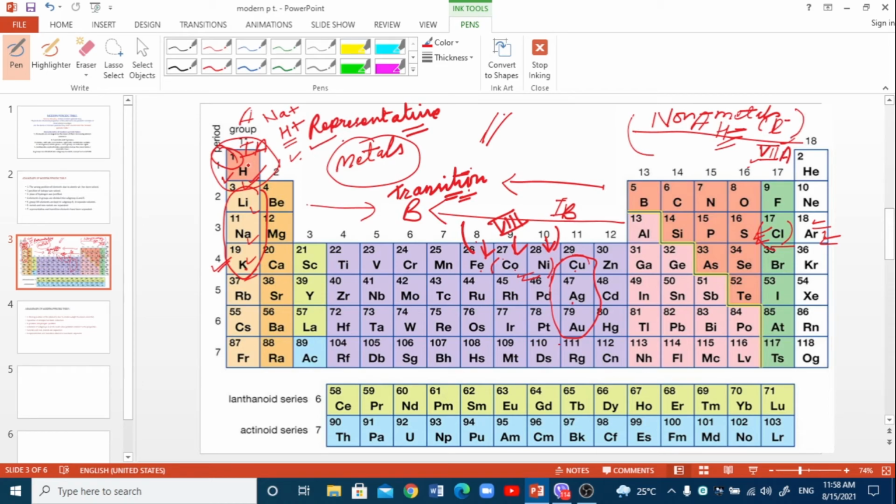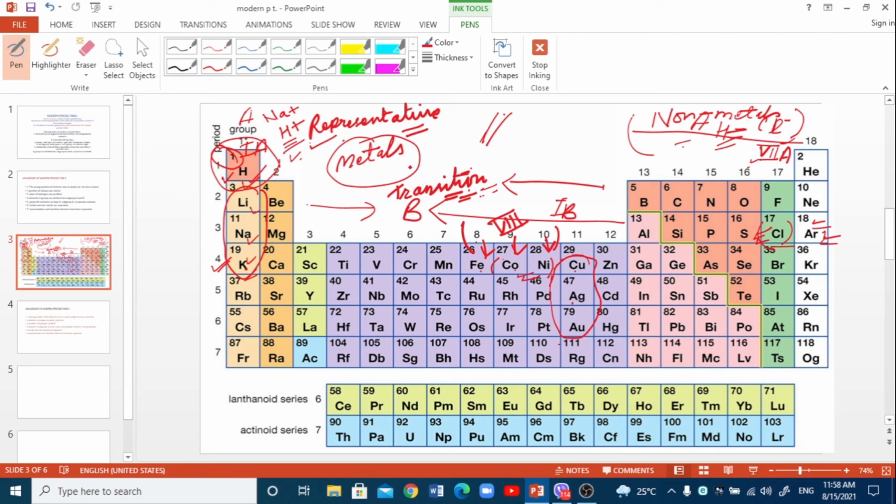Representative elements are group A elements, whereas subgroup B elements are transition elements. Transition elements have special properties, so we'll study about them later, whereas representative elements are the normal elements. They all follow the rules given by the periodic table in a simple way.